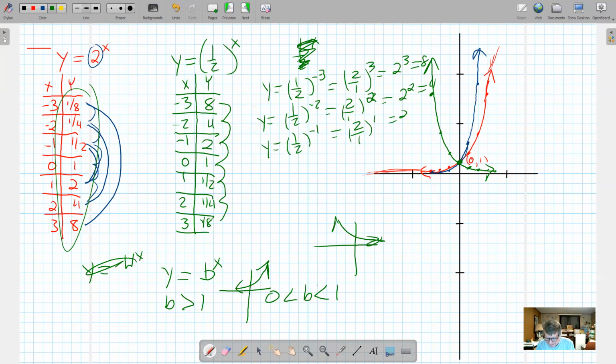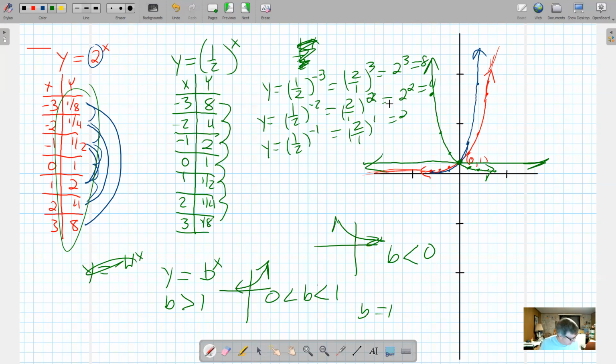If b equals 1, we just get a straight line, which doesn't fit exponential equations. If b is less than 0, we get values that jump all over the place, and so that doesn't work. So basically, b, the base, has to be positive, so greater than 0, but not equal to 1.